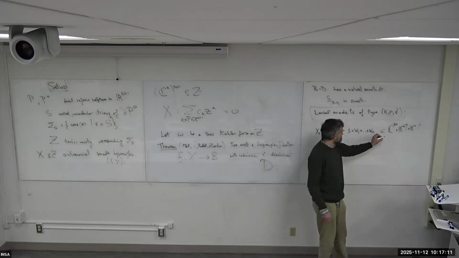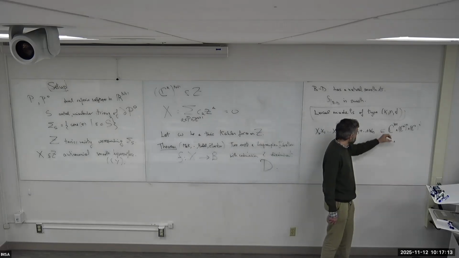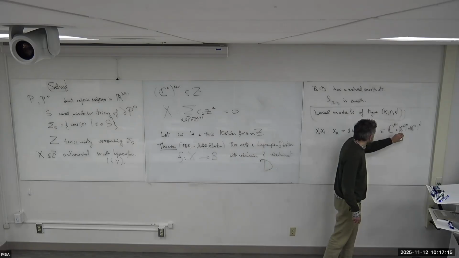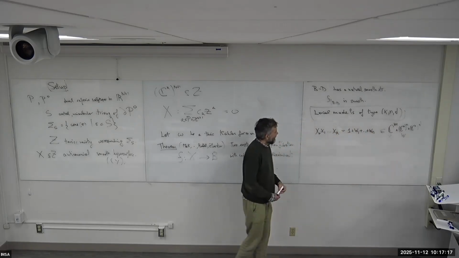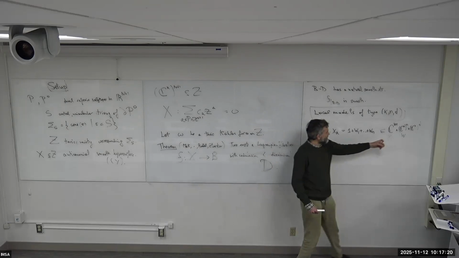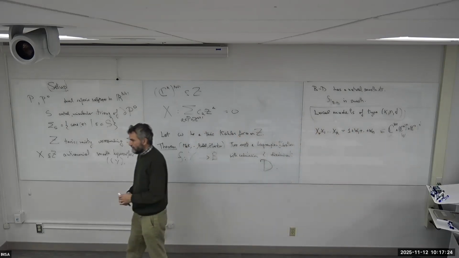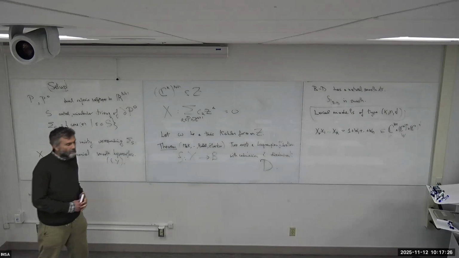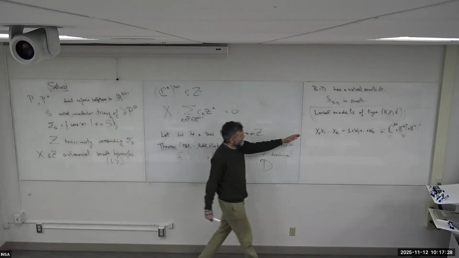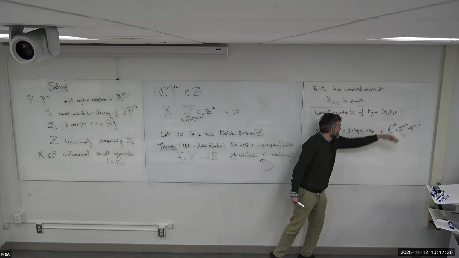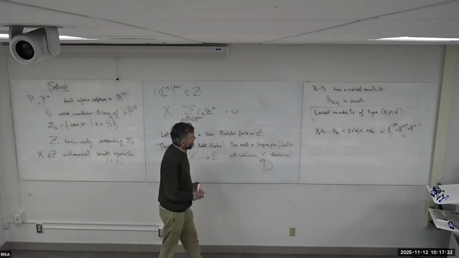Now here is where the x's live, here is where the w's live, and the remaining ones are just free variables that don't appear in the equation, but it's important that they are there. And so that's a local model of K and D type.